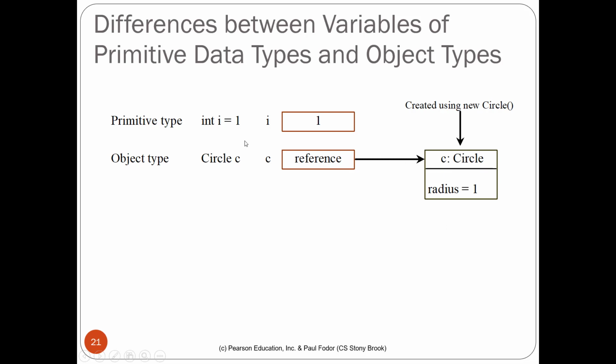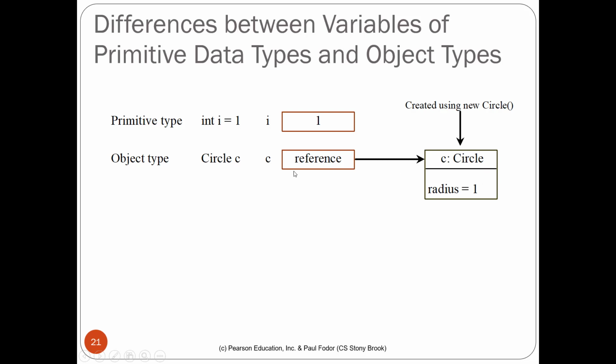So here I is a primitive type variable of type integer, so the value that I is holding is the actual value, which is 1, whereas C is a reference variable, so C will hold the reference, not the actual value. And what is the reference? Reference is the address of the object which is being created.